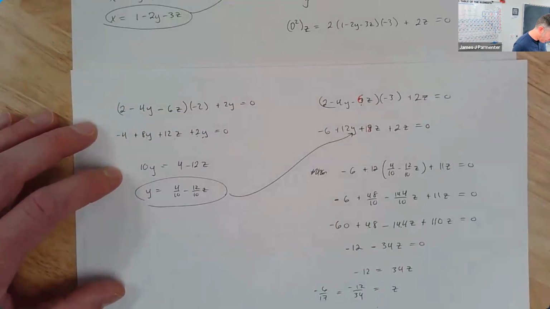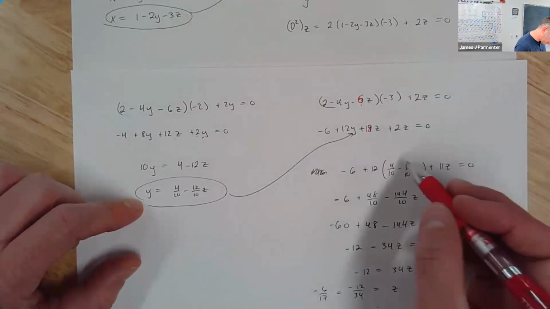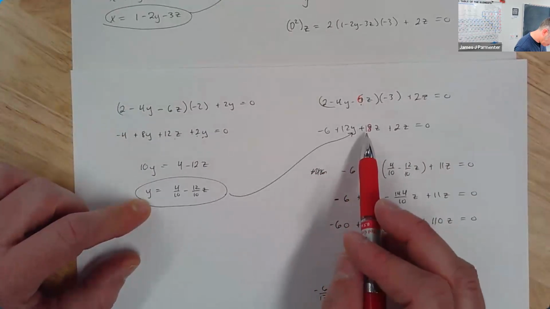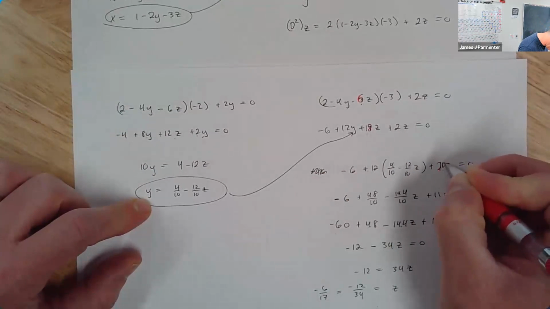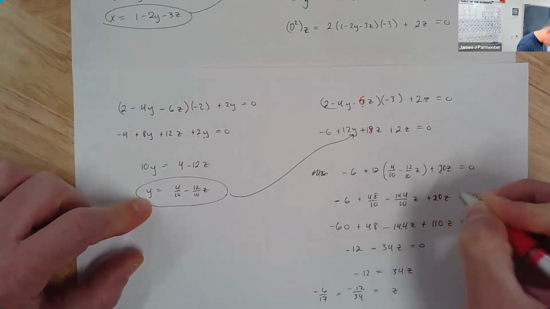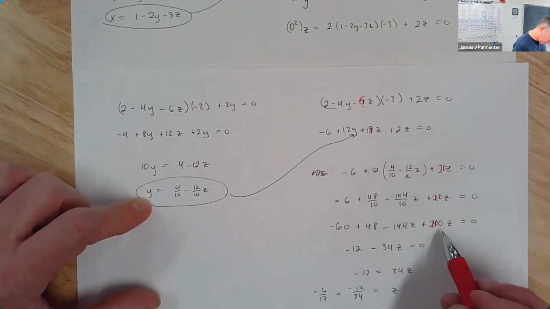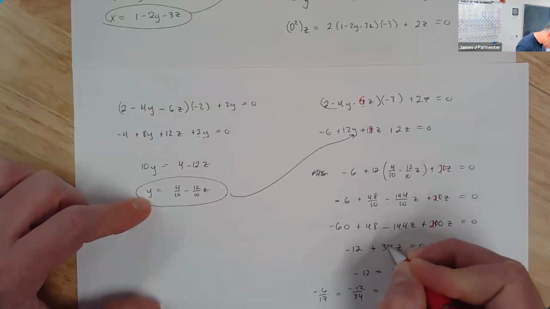It's going to change everything. Well, not that much, I guess. Yeah, maybe a little bit. We had negative 6 plus 12, and then 18z plus 2z is 20z instead of 11z. So that's a 20z. 20 times 10 is 200. And then 200 plus a negative 144 is positive 56.